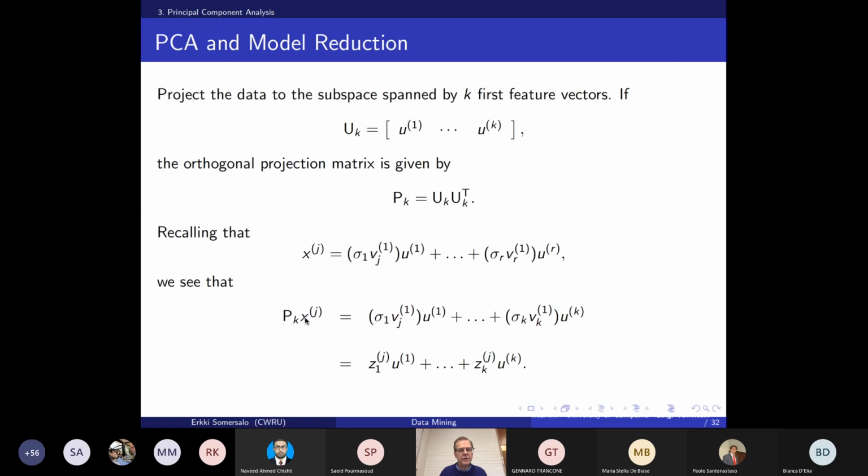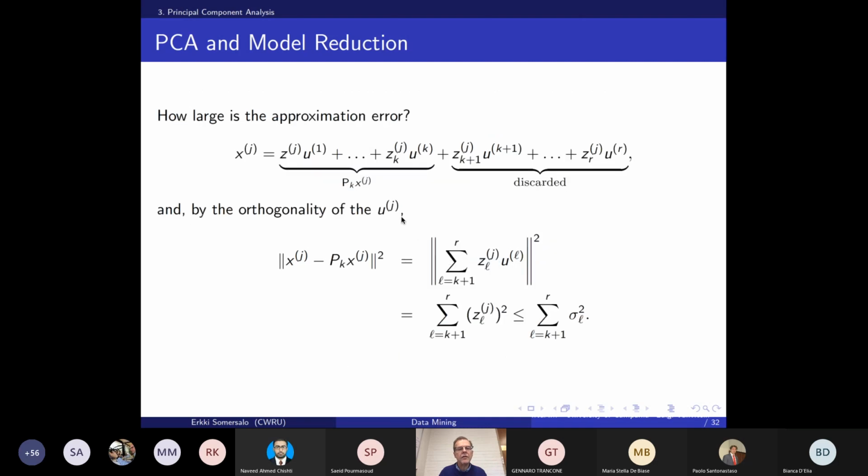So the projection operator is such that it retains only the k first feature vectors of my representation of xj in terms of the feature vectors. And of course, these coefficients here are nothing else but the principal components of xj. So projection to a lower dimensional space using feature vectors means simply that we are discarding some of the feature vectors. And so now the question is, how large an error do we make when we do the discarding?